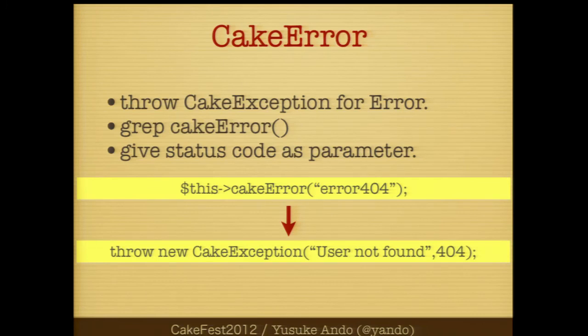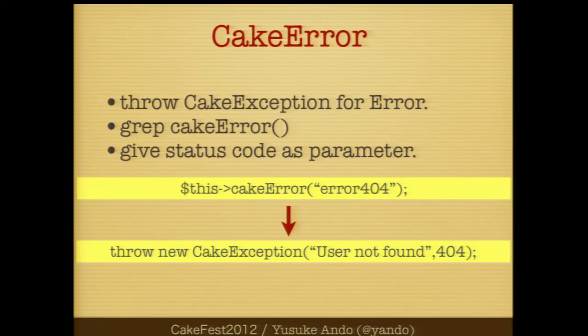And also CakeError. If you are using CakeError to show the common error screen, these things must be replaced with exception. And just in my case, the upgrade shell didn't replace this thing. So I grepped my entire code and just replaced it with the exception.